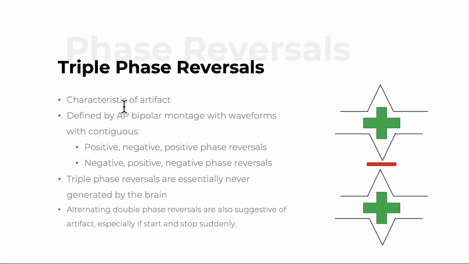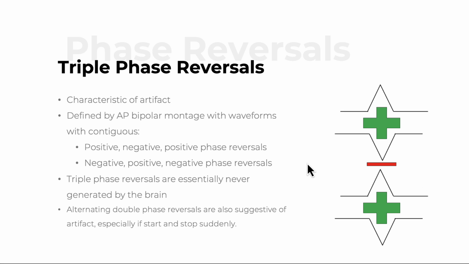So this brings us back to this point of triple phase reversals. This is very characteristic of artifact, and to even think about what phase reversals are, again, is to look back. A positive phase reversal is when the two regions sort of go away from each other, and you could write this plus sign in, whereas a negative phase reversal is where the two waveforms come together.